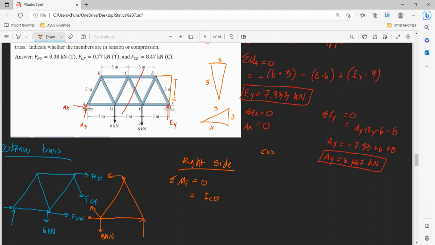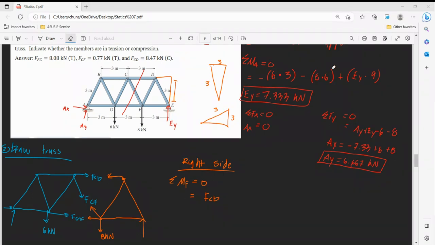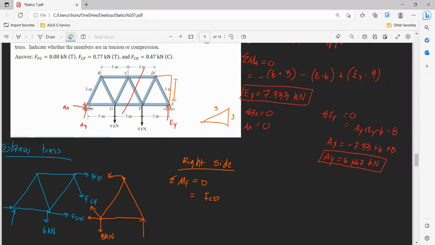So we can say cos. Actually, no, we can use Pythagorean theorem to find this. So 3 squared is equal to a squared plus b squared. So this is 9 equals 9 plus b squared.